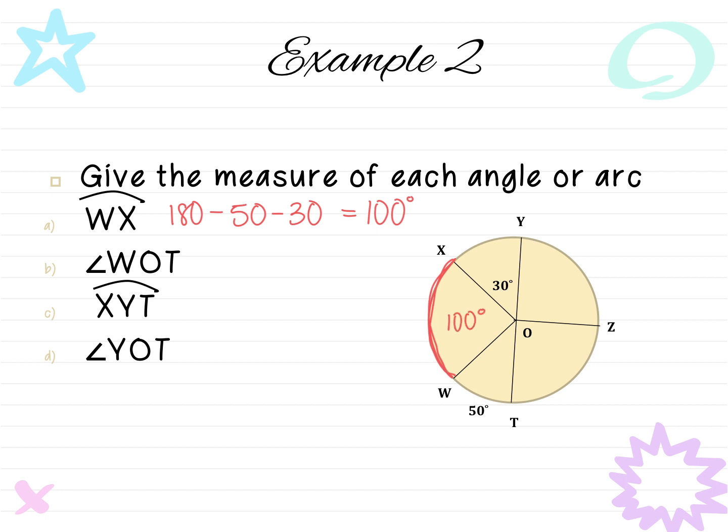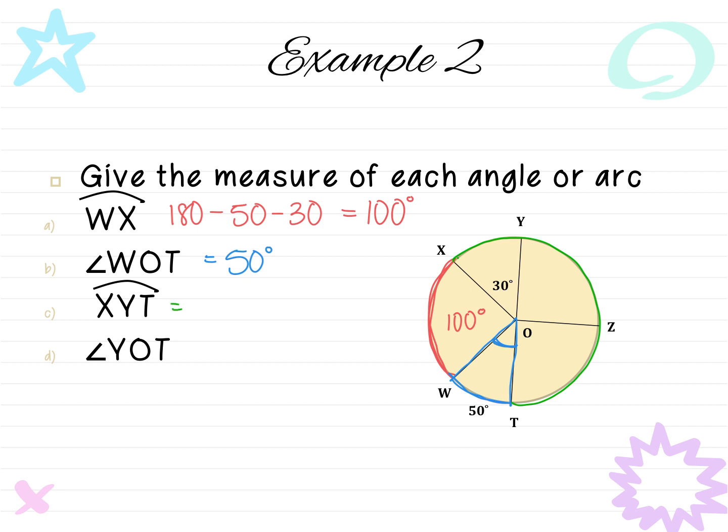Now they're asking me for the measure of angle WOT. What would that measure of the angle be? Good, if my arc is 50, my angle is also going to be 50 degrees. And then what about arc XYT? What would that measure be?